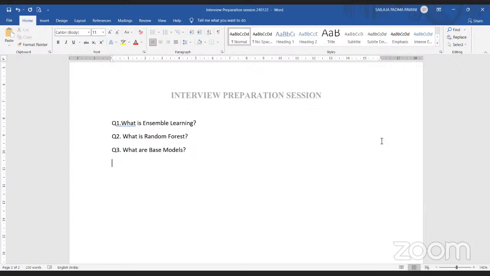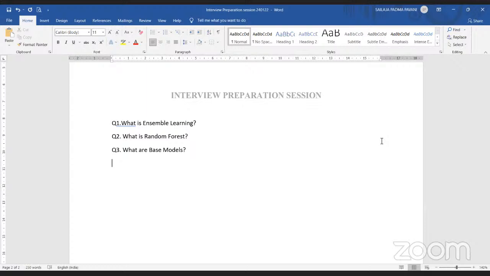Now, as we can observe, whenever we take random forest, we are talking about decision trees also, isn't it? What is the relation between random forest and decision trees?